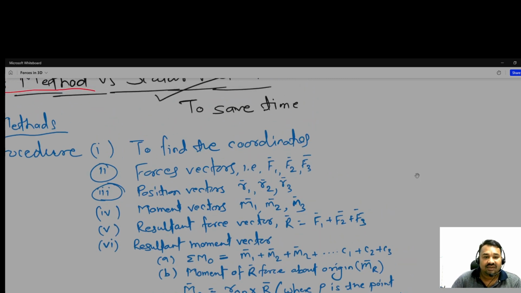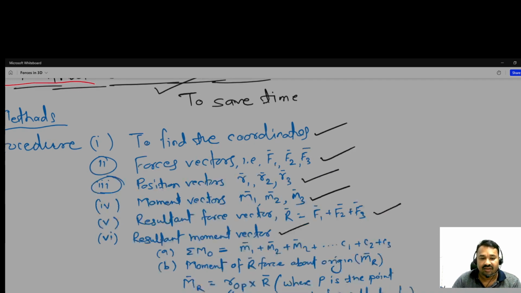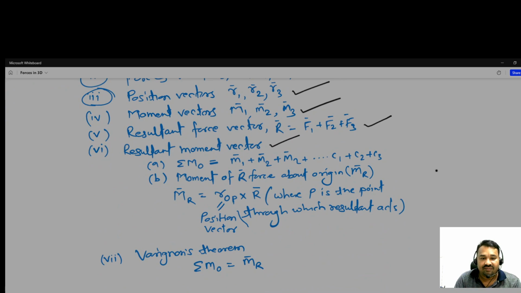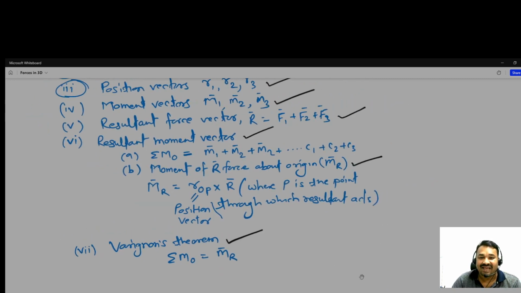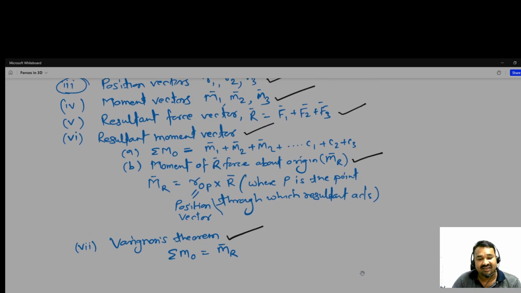So in this way there are 7 steps. First we need to find the coordinates, then force vectors, then position vectors, then moment vectors, then resultant of force, then resultant moment vector, then the moment of the resultant, then the last one, Varignon's theorem. So in this way it becomes lengthy, and if you compare this with the previous video, whose link is given in the comment box, you can see how much easier the scalar method is than the vector method.